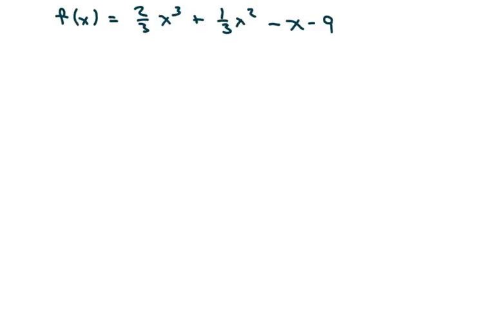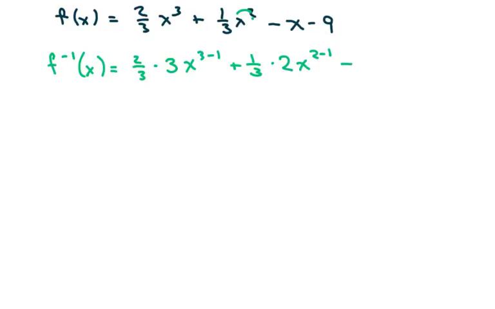We have one more. So we're going to do the derivative of this. That's going to be 2/3 times 3. You're going to write x to the 3 minus 1, plus 1/3 times, bring this 2 in front, so that's 2x, and then you write 2 minus 1, minus 1 times x to the 1 minus 1, because that was to the first power, minus 0.